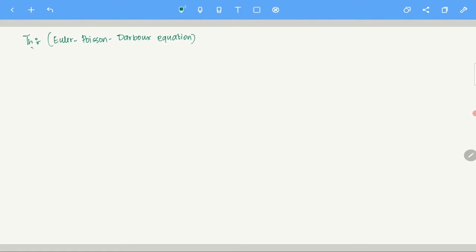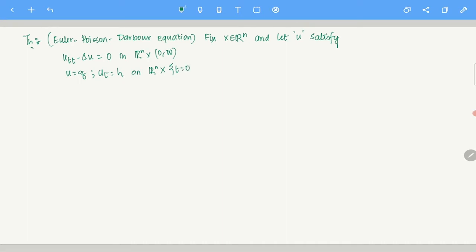What does it say? Fix an x in Rn, and let u satisfy u_tt minus Laplacian of u equals 0 in Rn cross (0,infinity), and u = g, u_t = h on the base Rn cross t equals 0.